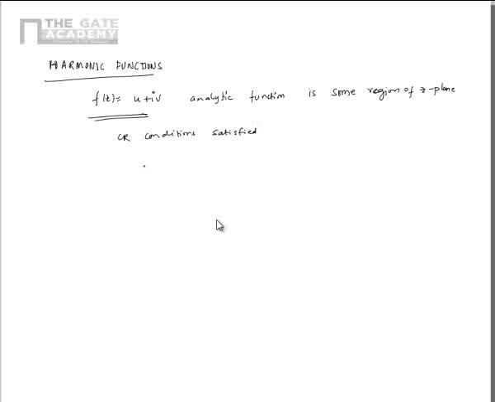So when CR conditions are satisfied, you can write ∂u/∂x as ∂v/∂y, and so this is 1. Similarly, ∂u/∂y I can write as minus ∂v/∂x, so this is 2.